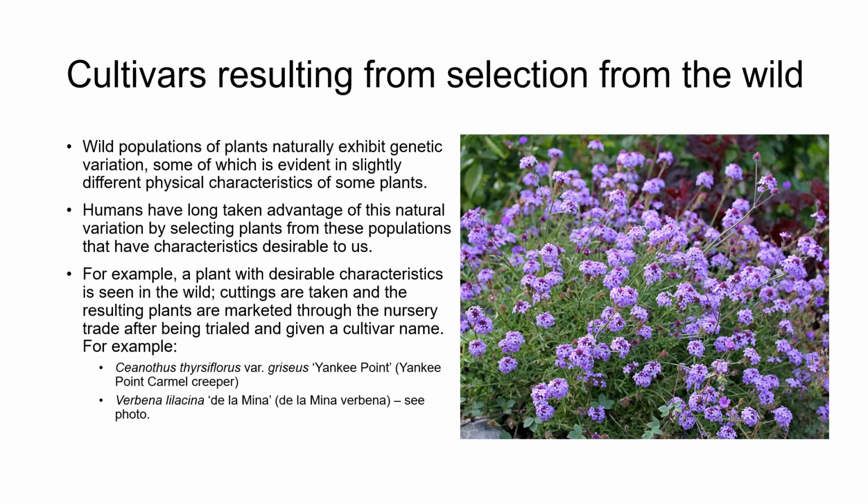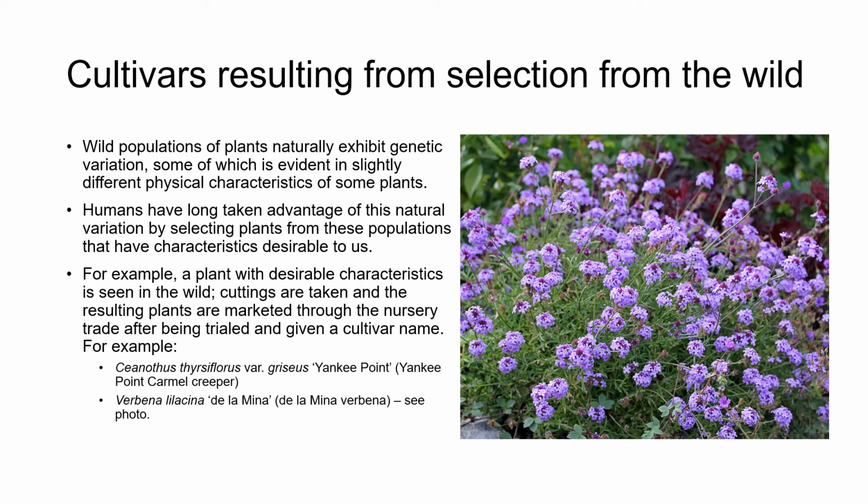First, let's look at cultivars that result from selecting a naturally occurring plant in the wild. In the wild, there's a lot of genetic variation in populations of naturally occurring plants, in a similar way to all the genetic variation we see amongst us humans. Sometimes that natural variation might result in a slightly different phenotype that, for example, has a more intensely colored flower or a different growth habit to other plants in that population.